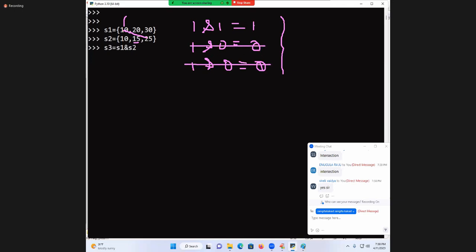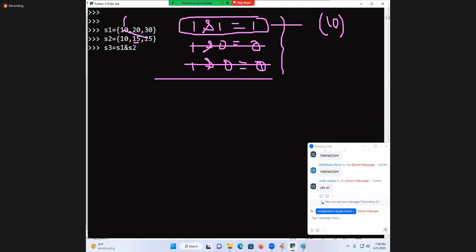Out of that, if any one of them is true, that will be marked for selection. That indicates there is a common element. Remember that. This is one iteration over. Second iteration starts. 20. Quickly, students. 1 with 0, that is 0.